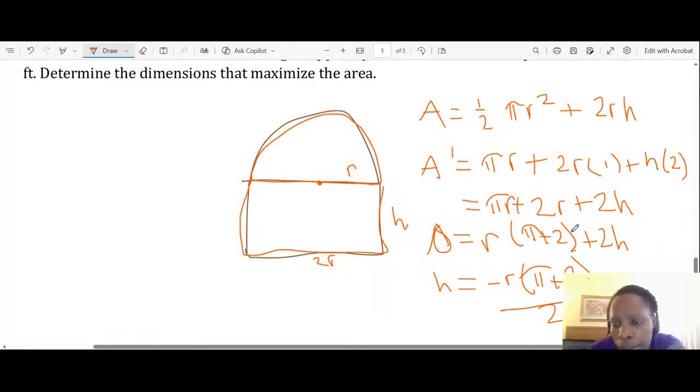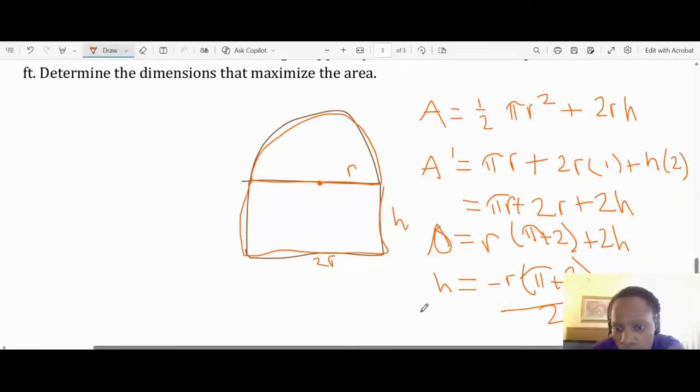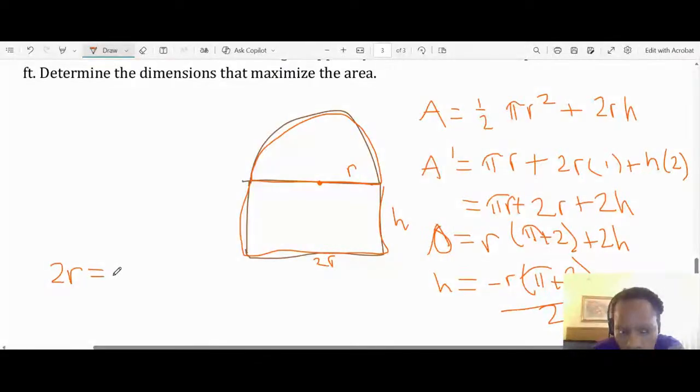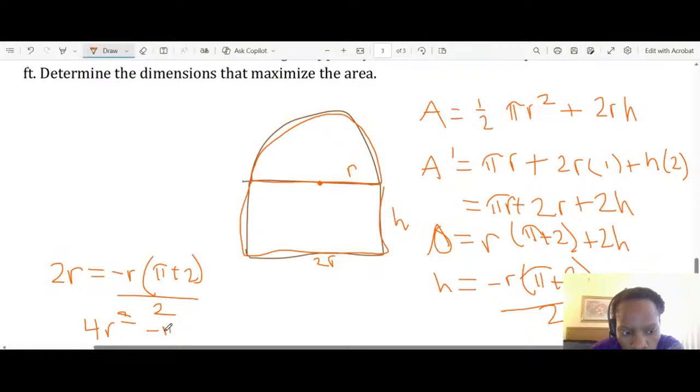So if I let H equal to R, then 2R equals minus R 5 plus 2 over 2. So for R equals minus pi R plus 2R.